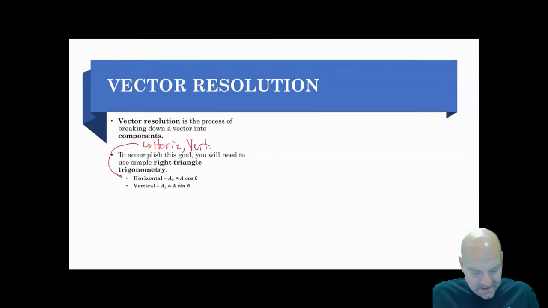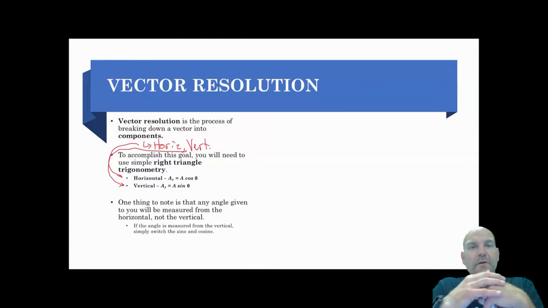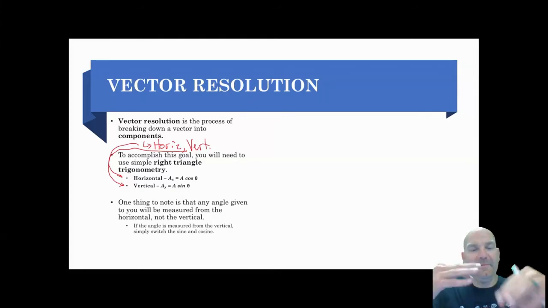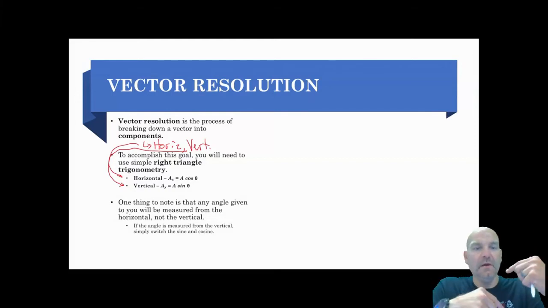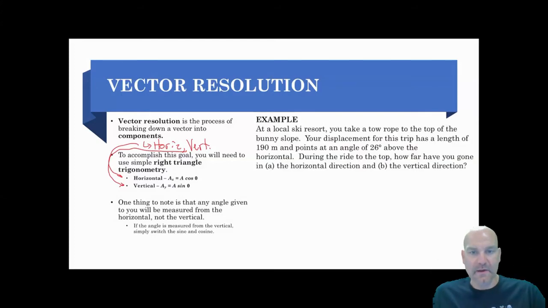Horizontal is going to be A cosine theta and vertical is going to be A sine theta. One thing to note in physics is that we always measure from the horizontal, not the vertical. There are very few cases where we would measure from the vertical, but if that happens, we simply flip the sine and cosine. So cosine goes to y and sine goes to x. But right now, we're going to go x cosine, y sine.